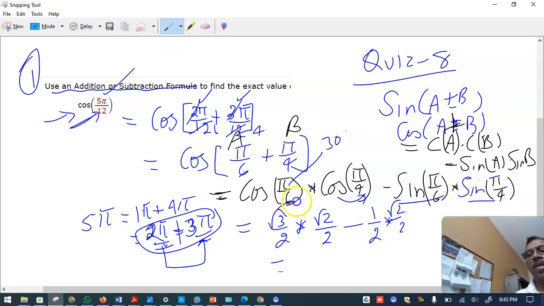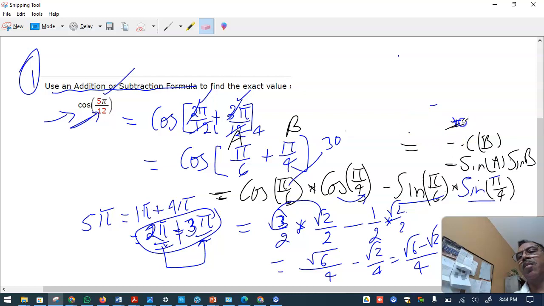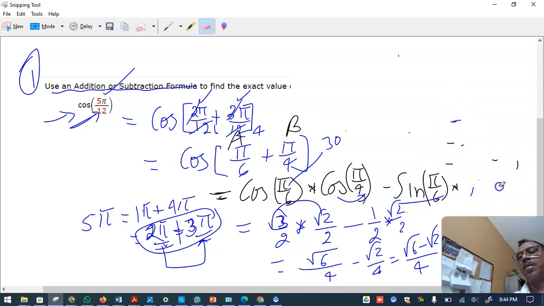This can be reduced: root 3 times root 2 is root 6, so we get root 6 minus root 2 over 4 as the final answer. Done.